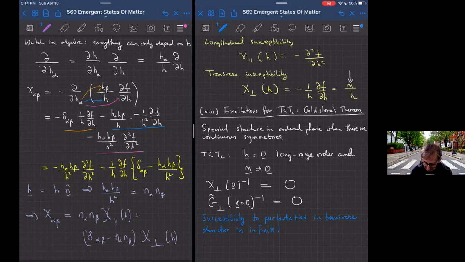And what that means is you only need an infinitesimal field to rotate the direction of ordering by a finite non-zero amount.